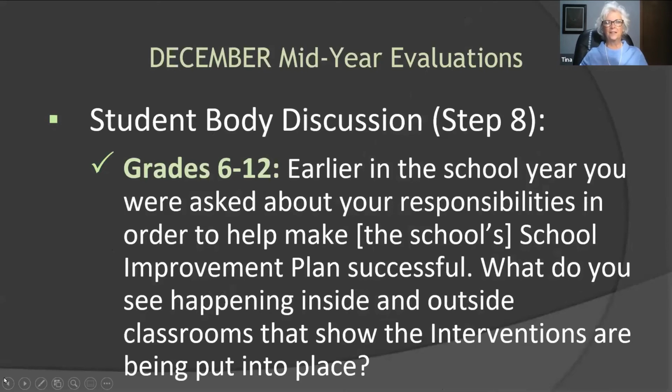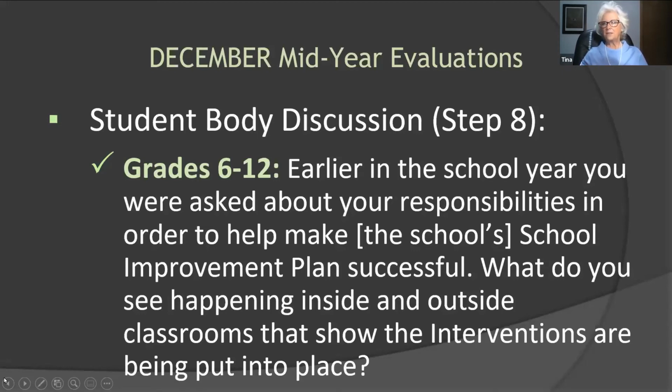And then, of course, even lengthier for grades 6 through 12, which is basically talking about the things that were implemented to make the school improvement plan successful. What do they see happening inside and outside of their classrooms that show that the process is working and that the interventions are going?